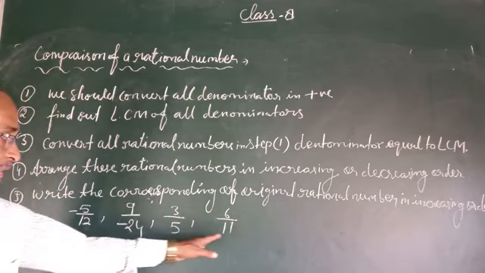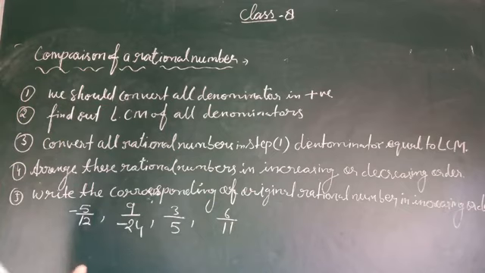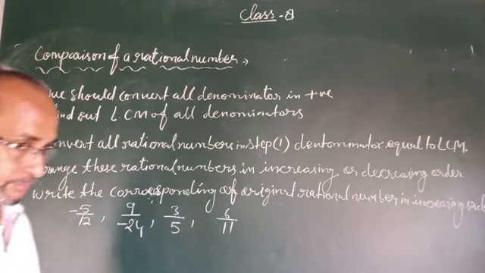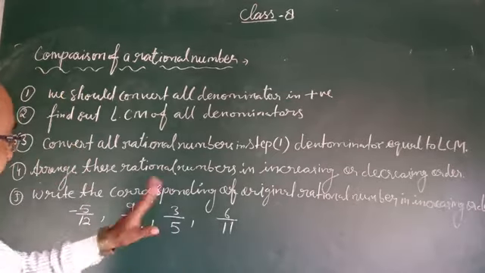There are 5 rational numbers given. Suppose your question is to arrange them in ascending or descending order, increasing or decreasing order.